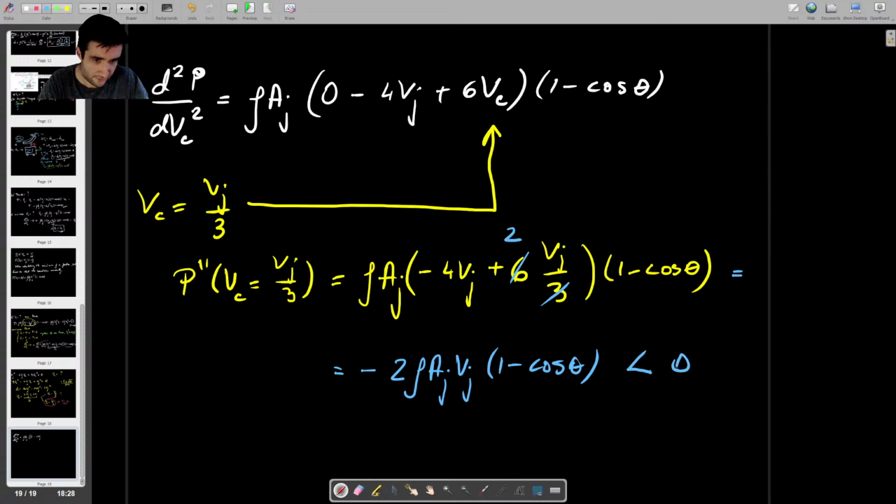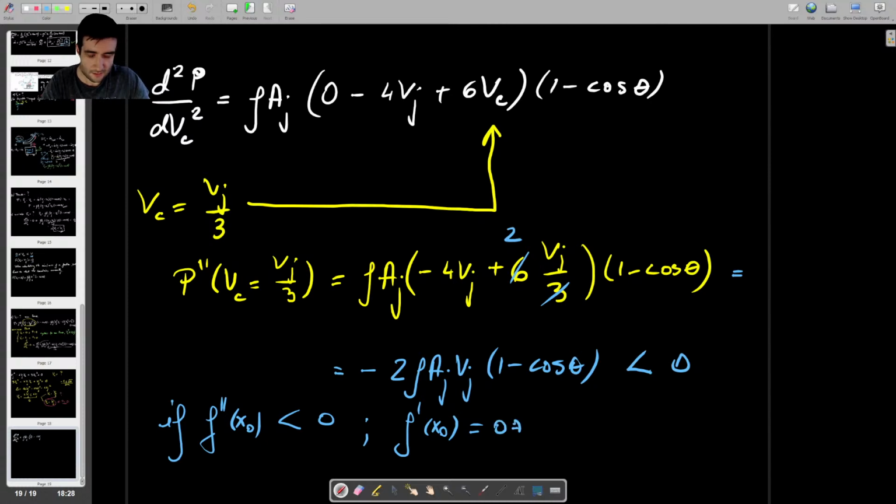So this is negative, and according to the theory of calculus, if f double prime of x0 is less than 0 and if f prime of x0 is 0, then x0 is a maximum, local maximum.